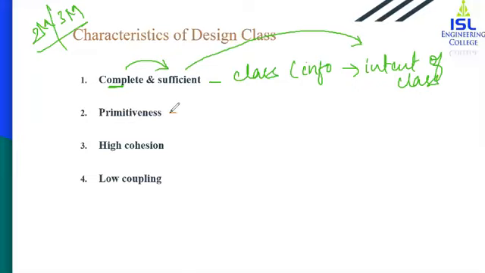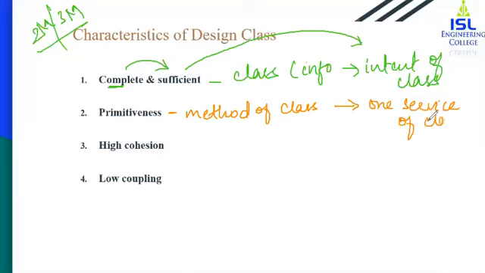Then the next one is primitiveness. Now what is primitiveness? Primitiveness means each and every method of a particular class should focus upon one service of the class. It should not have multiple services.